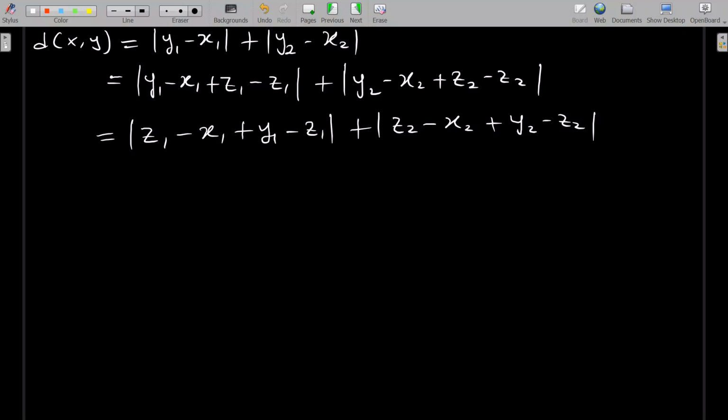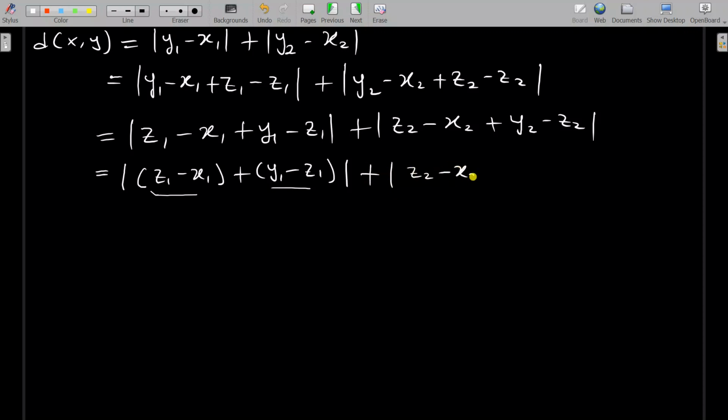Now I treat z1 minus x1 and y1 minus z1 as one entity, plus this, and then z2 minus x2 plus y2 minus z2.